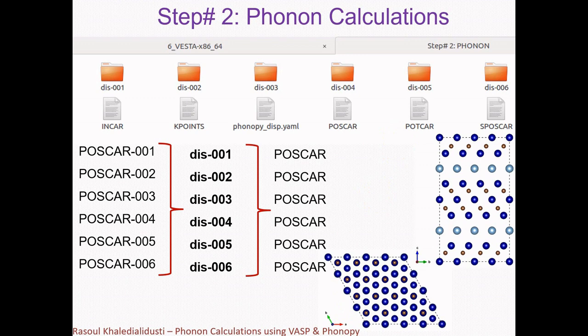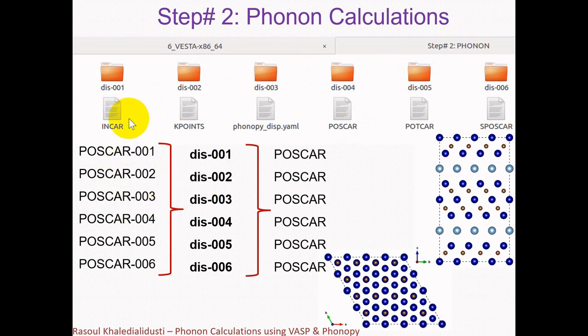Well, then we need to make 6 different folders for each single atomic displacement. I named these folders 001 until 006. You can name them whatever you like. And then place these POSCAR files for each single displaced atom in each of these folders one by one.